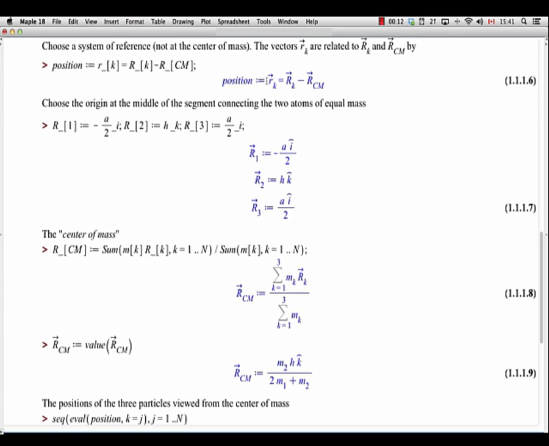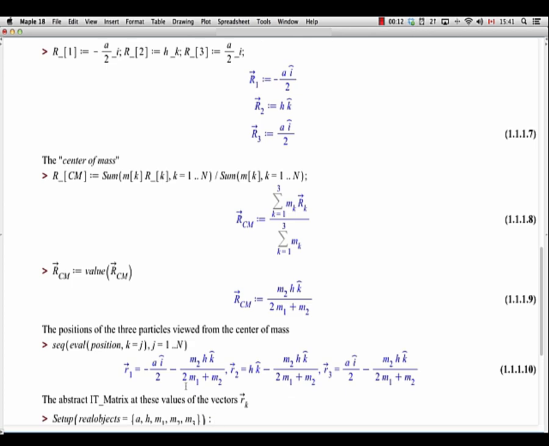So now we can compute these little vectors, which represent the position of each of the 3 atoms as seen from the center of mass, because these are the objects that enter the definition of the inertia tensor. So all the objects are defined, and therefore the little r1, r2, and r3 are given by this.